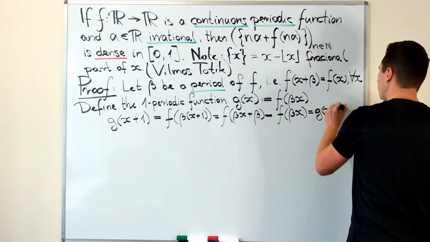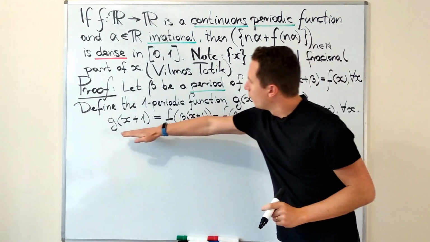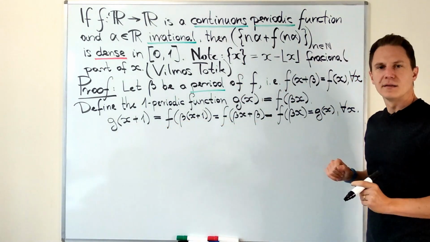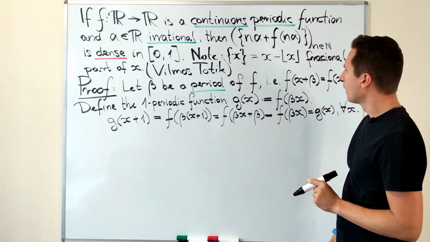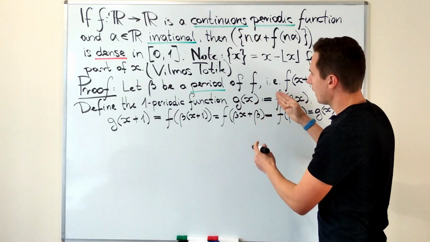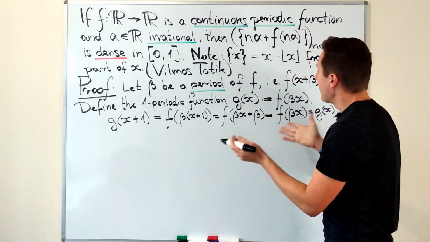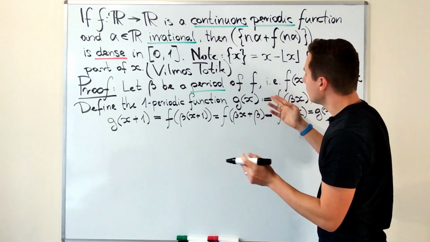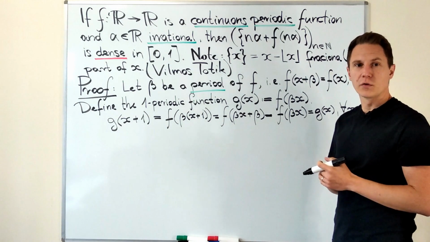So this is true for all x's. Now we've seen that indeed this new function g is 1 periodic instead of being beta periodic. And just like f, this scaling in the horizontal direction will not change continuity. So just like f, g is also a continuous function.